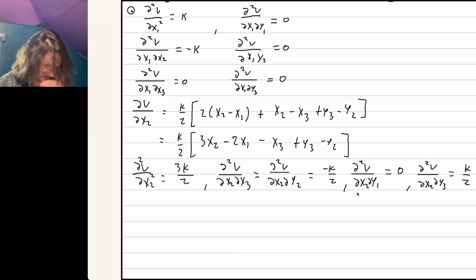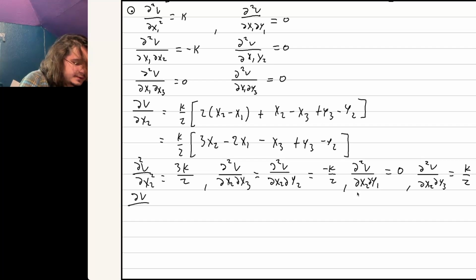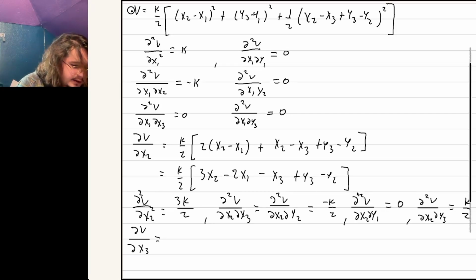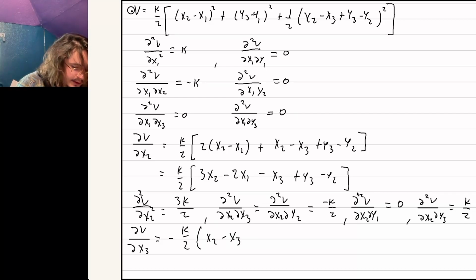All right. Now let's take the first derivative with respect to x3. Minus k over 2 times x2 minus x3 plus y3 minus y2.